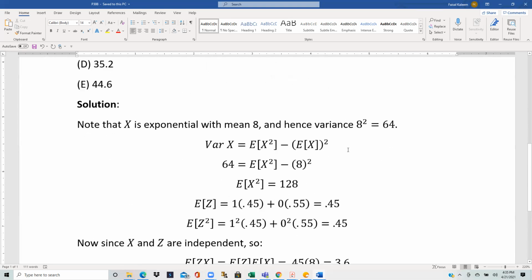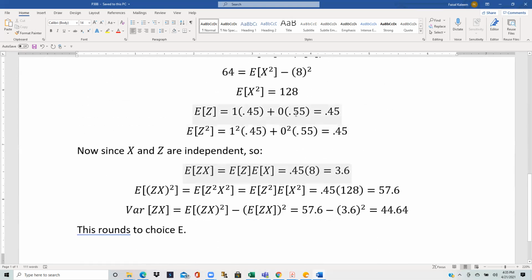So 1 times 0.45 plus 0 times 0.55 equals 0.45. And similarly, E of Z squared will be the same thing, but instead of the Z values, which were 1 and 0, you use the Z squared values, 1 squared and 0 squared, and the probabilities are still the same, 0.45 and 0.55. So this also comes out to be 0.45. So now we have all the bits and pieces that we need.